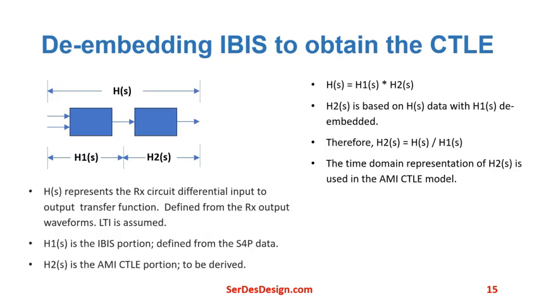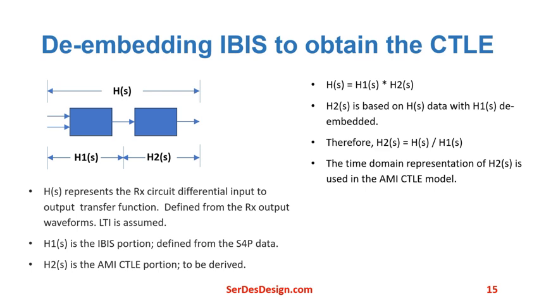Let's talk about de-embedding the IBIS characteristic to obtain the AMI model. In this figure, H(s) is the Rx circuit differential input to CTLE output transfer function and is defined by the Rx CTLE time domain waveforms. H1(s) is the IBIS portion. H2(s) is the AMI portion that must be derived.